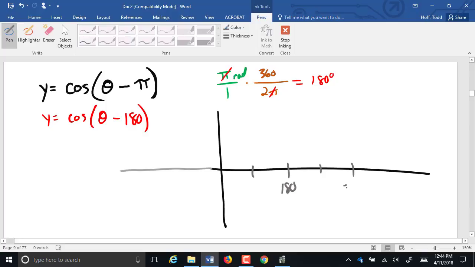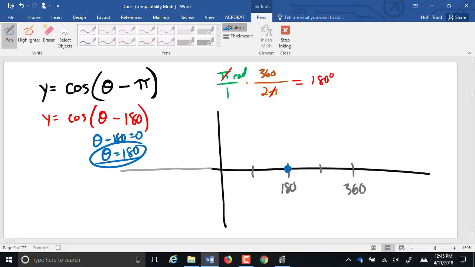Actually, it is 180 degrees, right? This is the starting point, positive 180. Because if we solve this, theta minus 180 equals 0, theta equals 180 at the zero point. So that's the starting point.